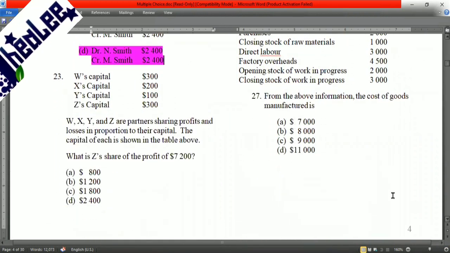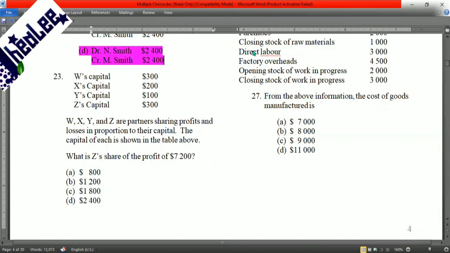Number 23. You're presented with capital for 4 partners. W, X, Y, and Z are partners sharing profits and losses in proportion to their capital. The capital of each is shown in the table above. What is Z's share of the profit of 7,200?